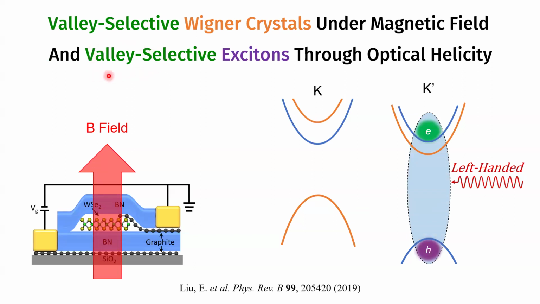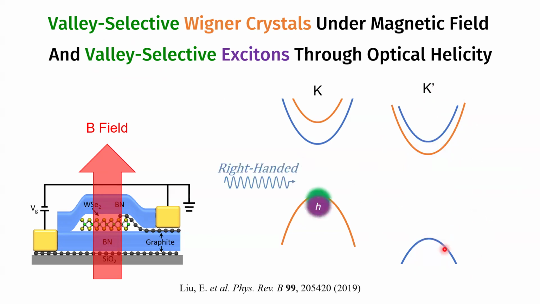If we excite with left-handed polarized light, we can create an exciton in the K prime valley so that the electron and hole have the same spin in WSe2. And we can excite instead with right circularly polarized light to form an exciton in the K valley. And so all of this together enables us to have a valley selective Wigner crystal and exciton formation.